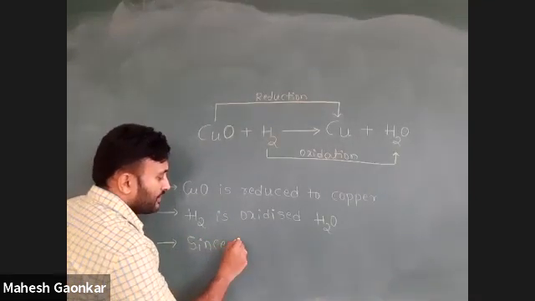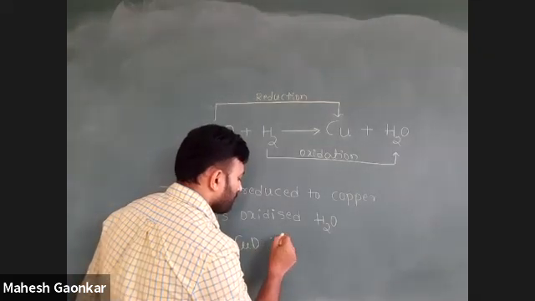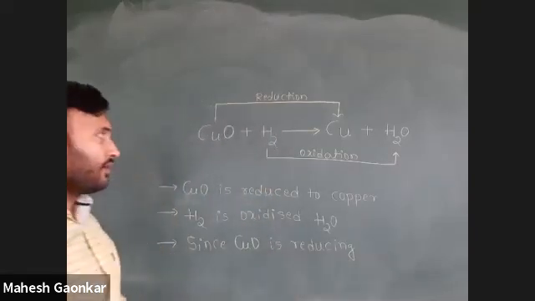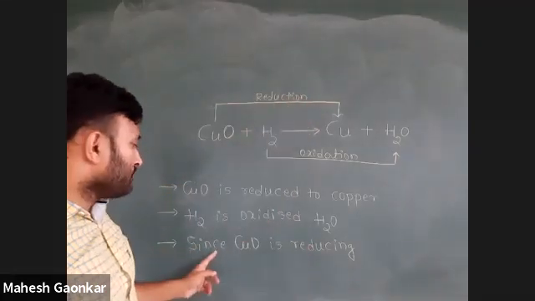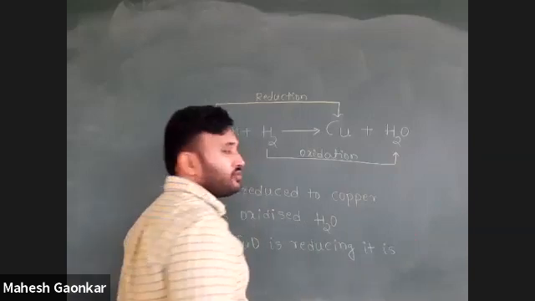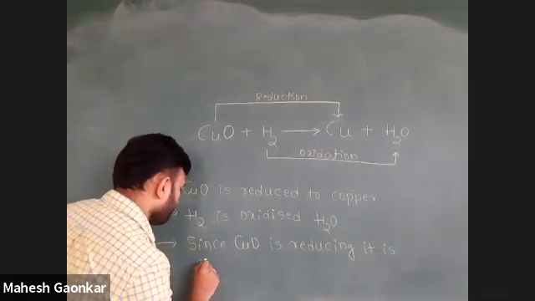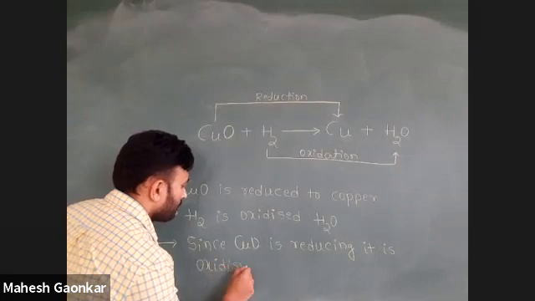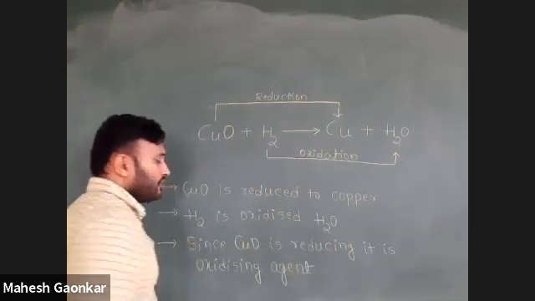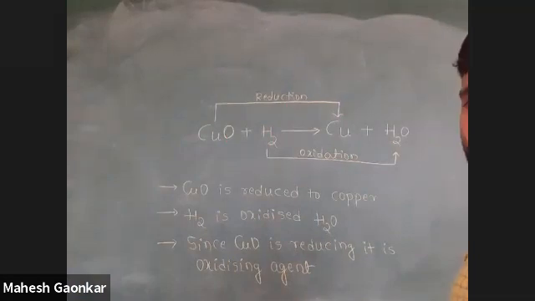Write down: since copper oxide CuO is reducing, it is oxidizing agent. Undergoing reduction means reducing.